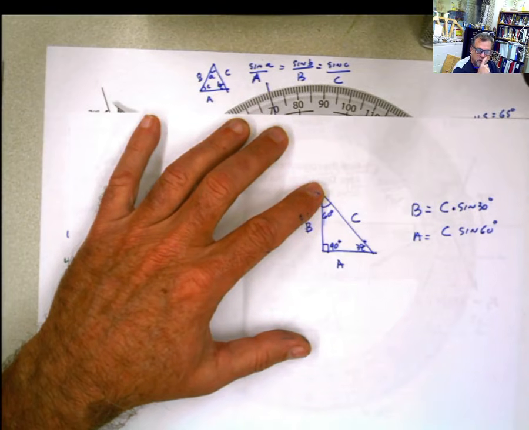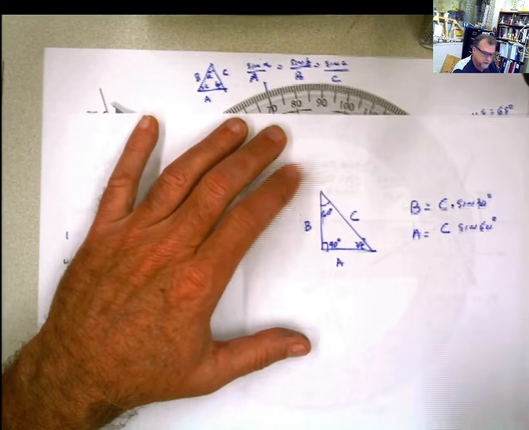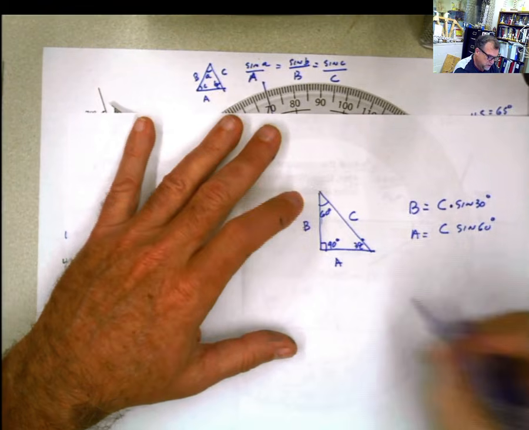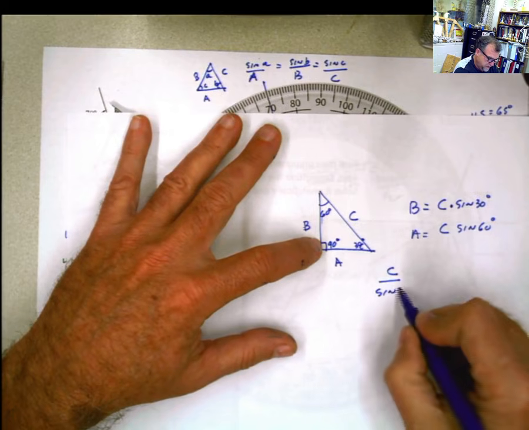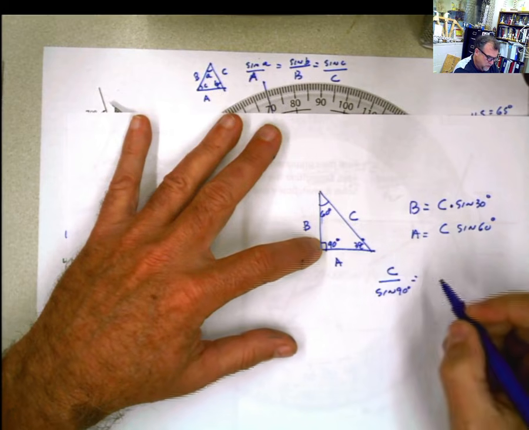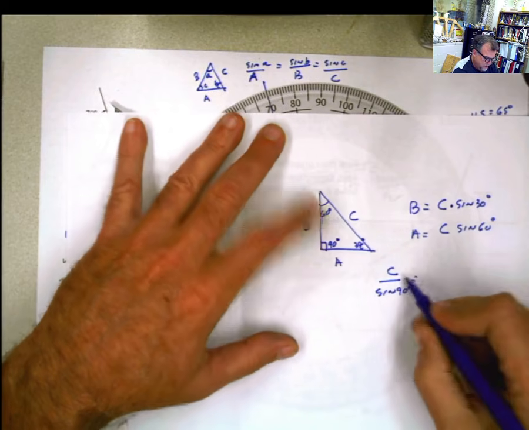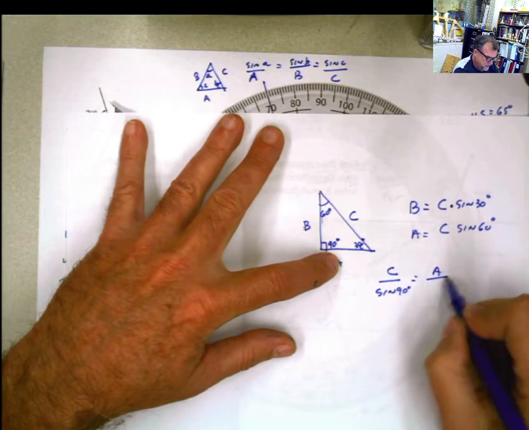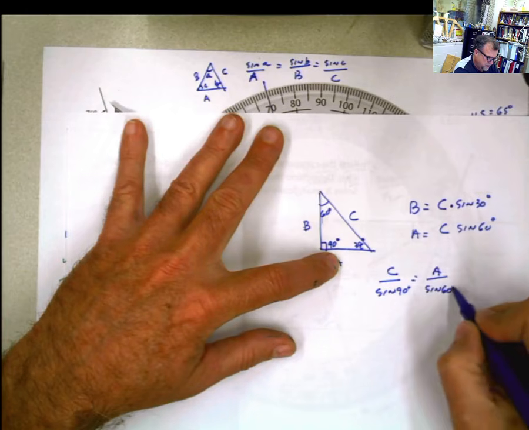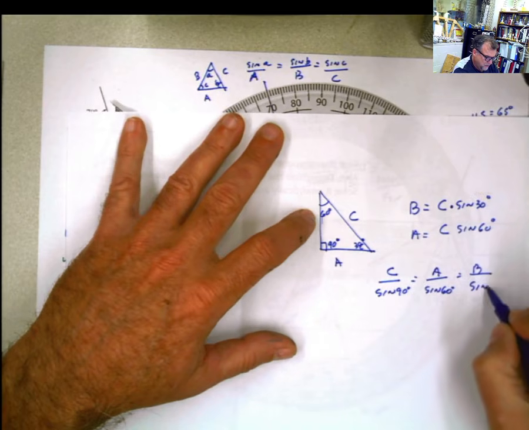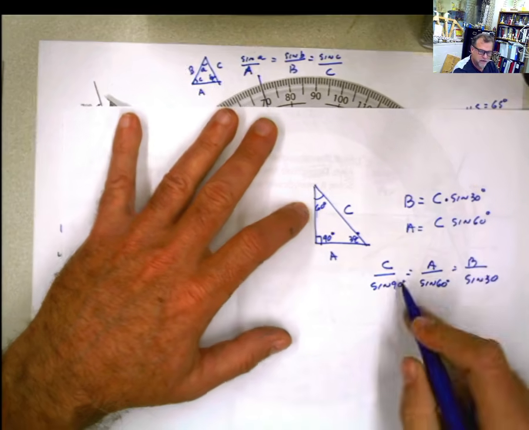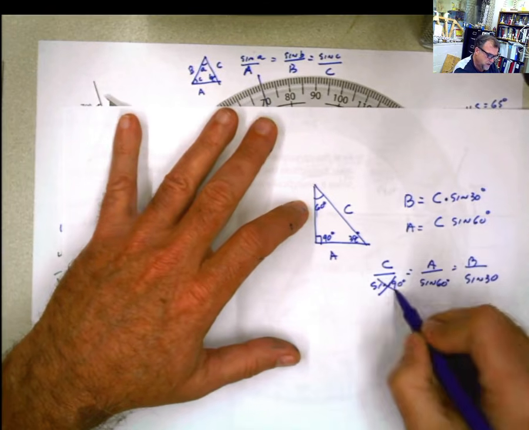But you are doing the law of sines here. It's the same thing. What is the law of sines? C over sine of 90 has to be equal to A over sine of 60, and it has to be equal to B over sine of 30. What is the sine of 90? 1. So this part is 1.